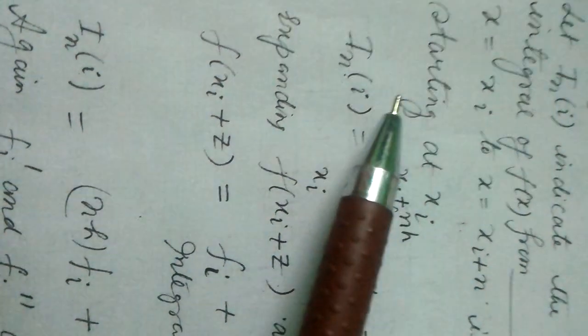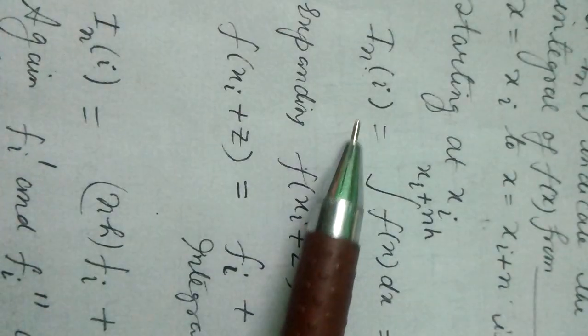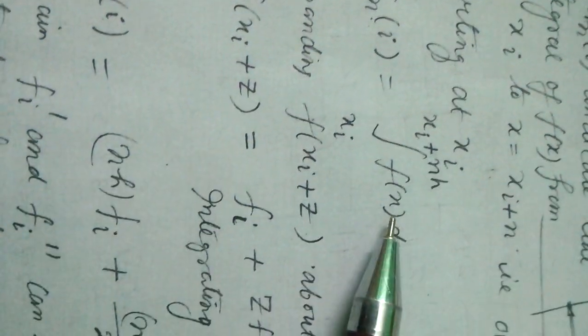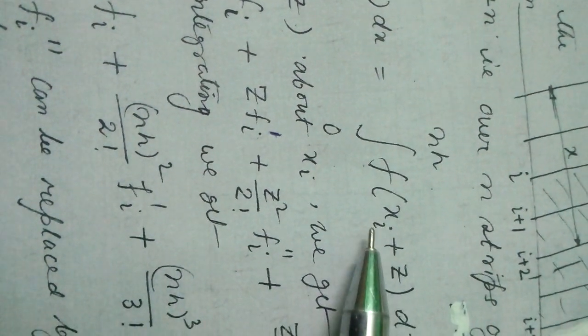Now starting at x_i, what is I? The integral from x_i to x_i plus nh of f(x) dx is equal to the integral from 0 to nh of f(x_i plus z) dz.